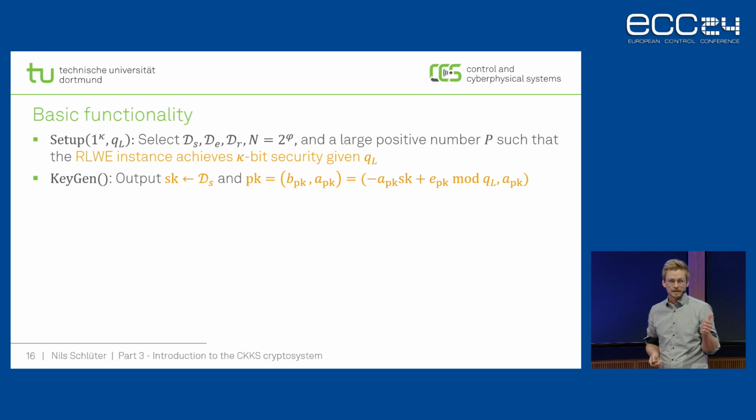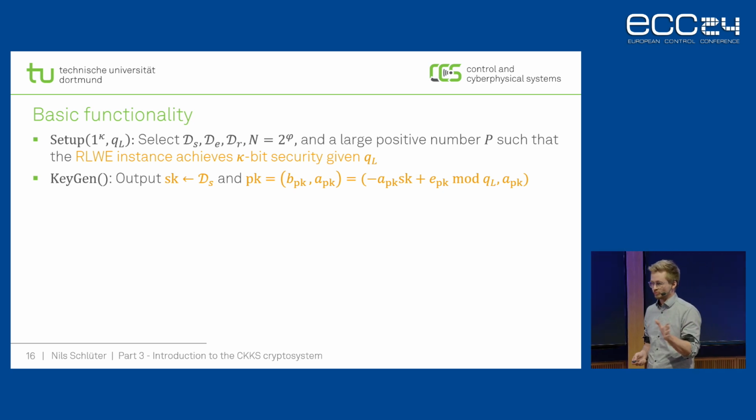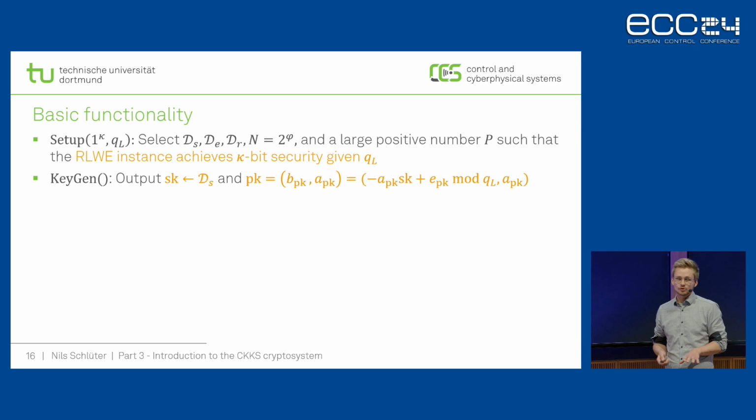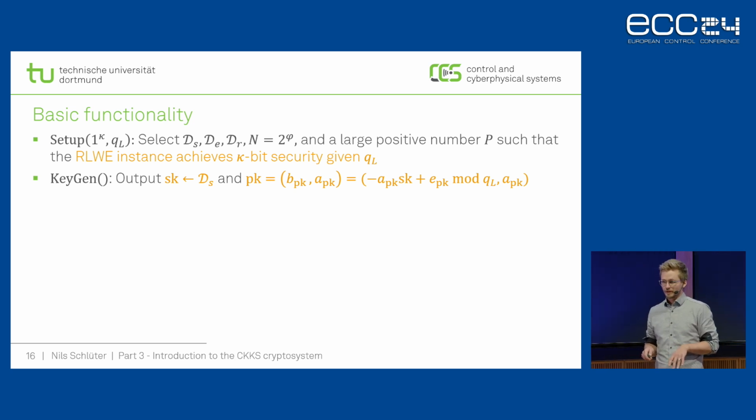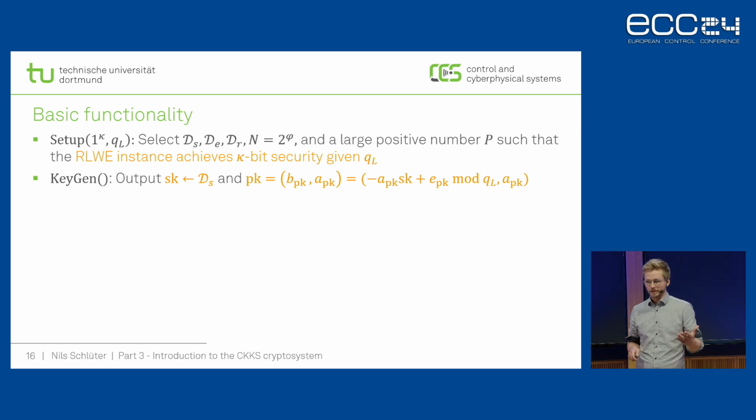which is what we desired. The basic functionality, so decryption and encryption, are realized by first setting up the crypto system. Don't worry too much about the details here. It's just important that there are some ways to ensure a certain security for a given computational depth, L, which is set by the user.